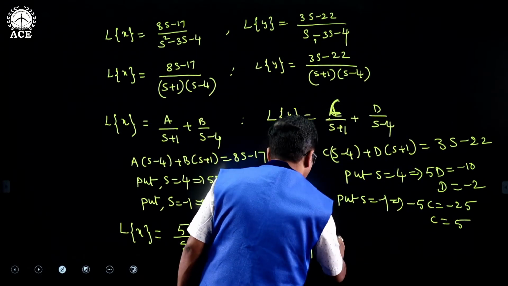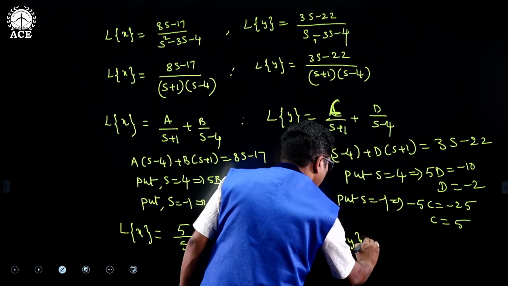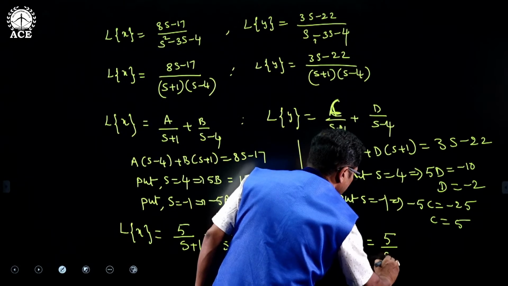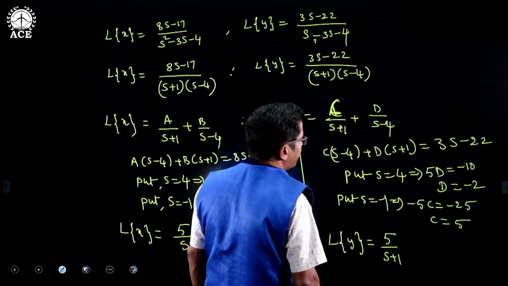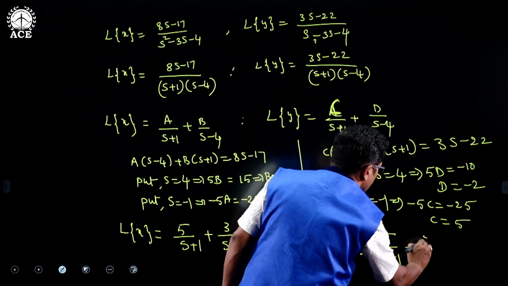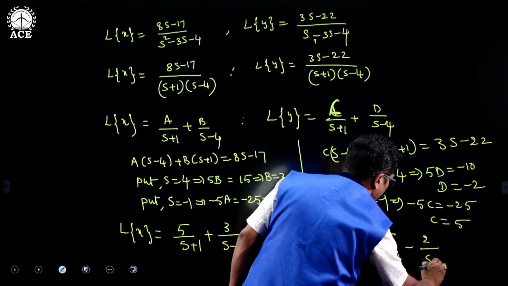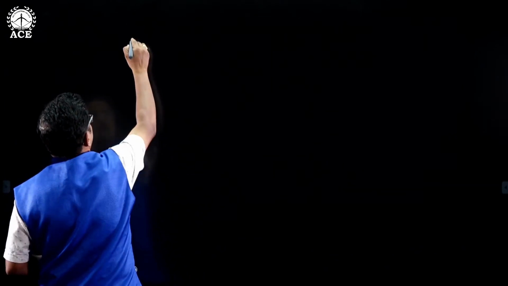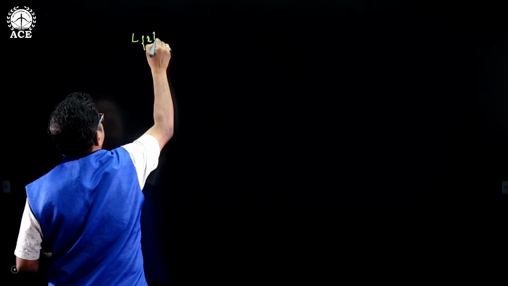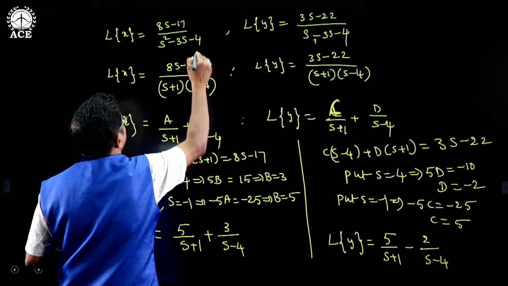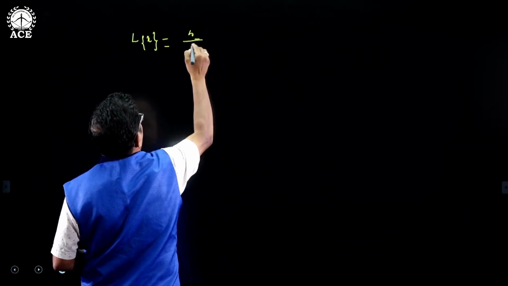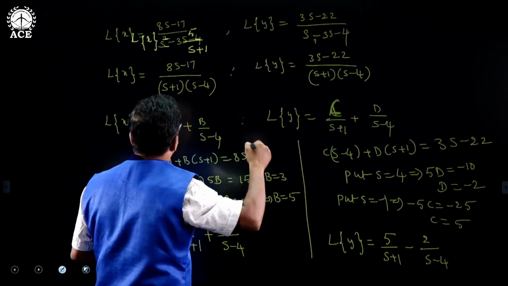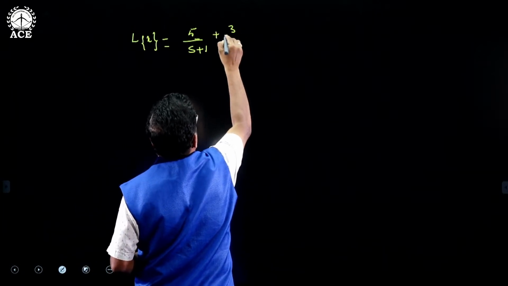So therefore L of y equals what you get? C is 5, so 5 by s plus 1, and d is minus 2, so minus 2 by s minus 4. Okay, so next, L of x is equal to 5 by s plus 1 plus 3 by s minus 4.